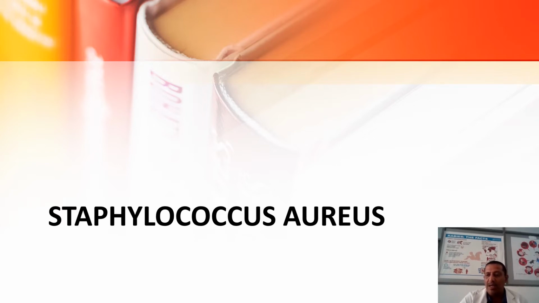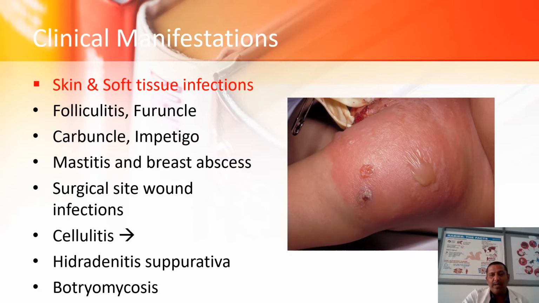Now in general, I want to tell you about the Staphylococci. The word Staphylo means grape-like clusters. Cocci, because they are spherical in shape. As they are spherical in shape and arranged in groups, the name came Staphylococcus.